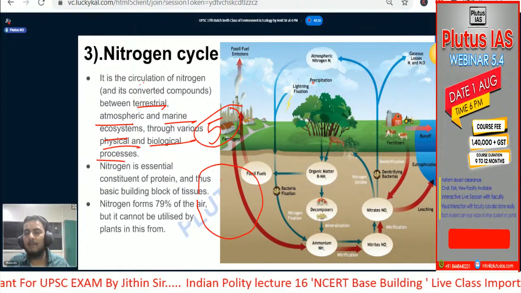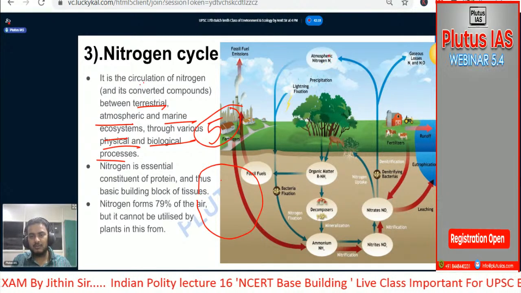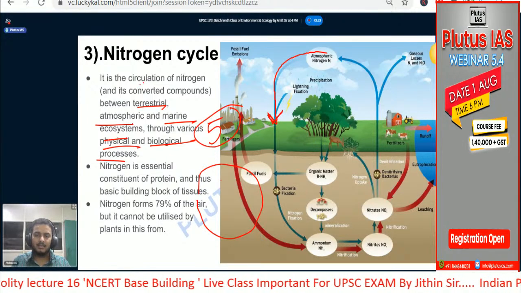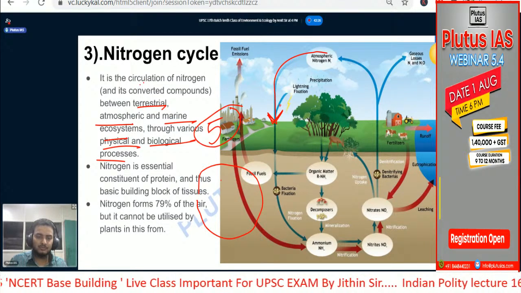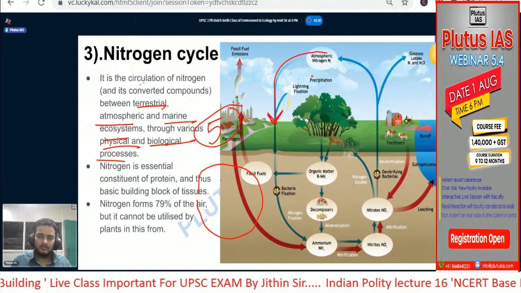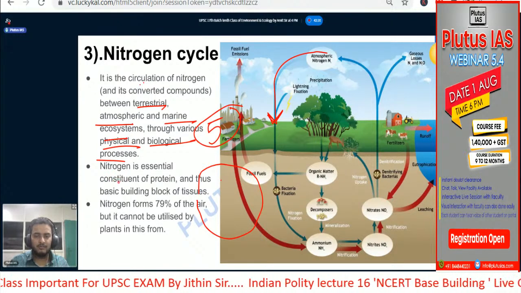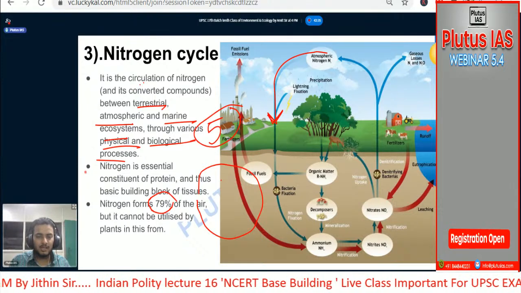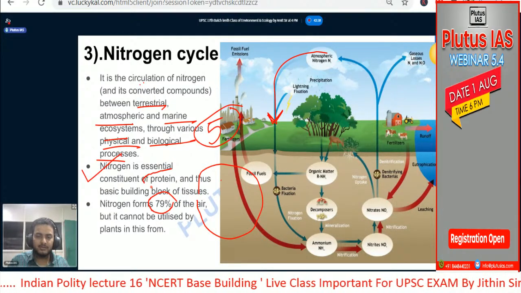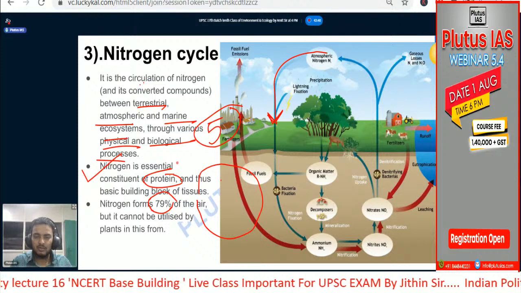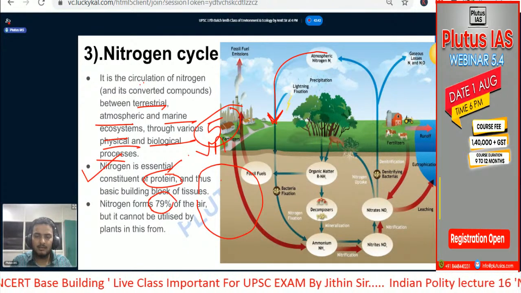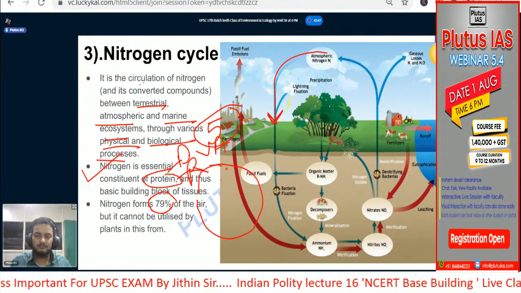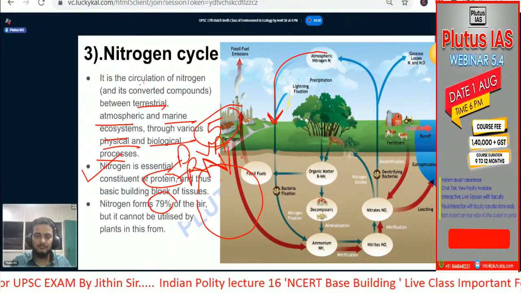Atmospheric nitrogen first enters the earth, so the first part is fixation of nitrogen. I'll come to those parts, don't worry. A bit of information about nitrogen: it forms around 78 to 79% of the air and is the basic constituent of amino acids, which form proteins. DNA and RNA are also formed from nitrogen bases.